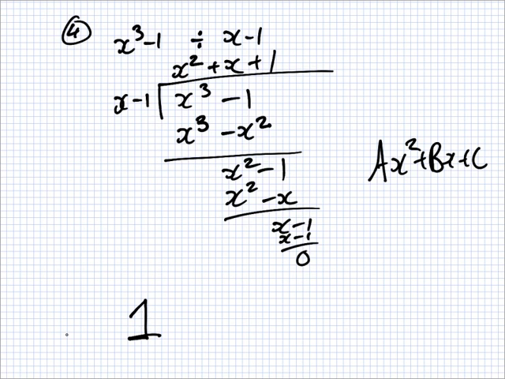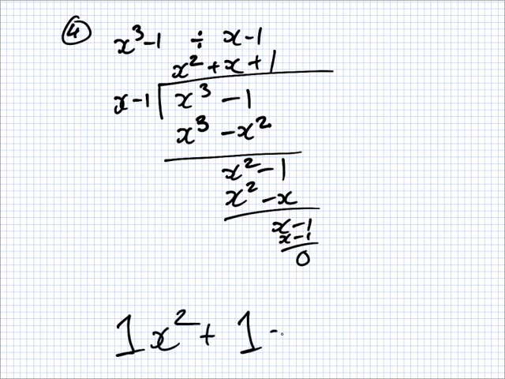Now, some students will do this. They'll say A equals 1, B equals 1, C equals 1. That's fine if you do that. Or you could do this: 1x squared plus 1x plus 1.